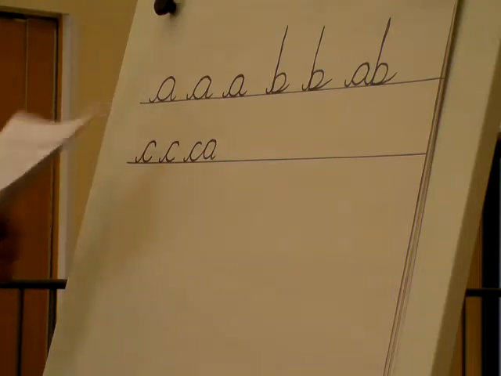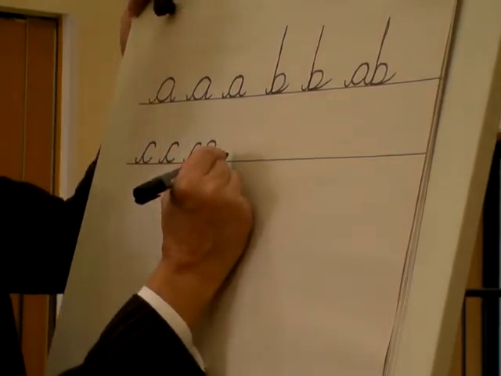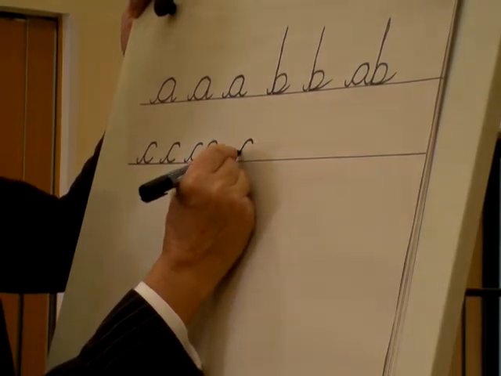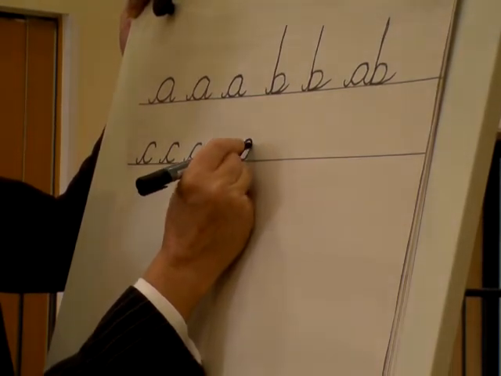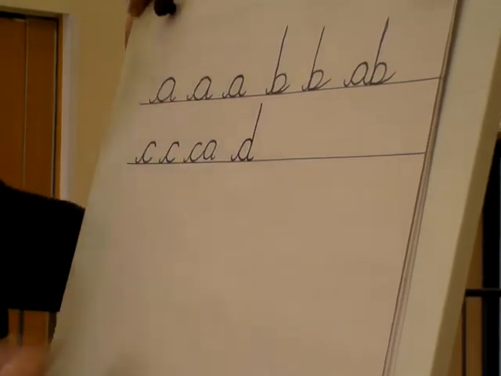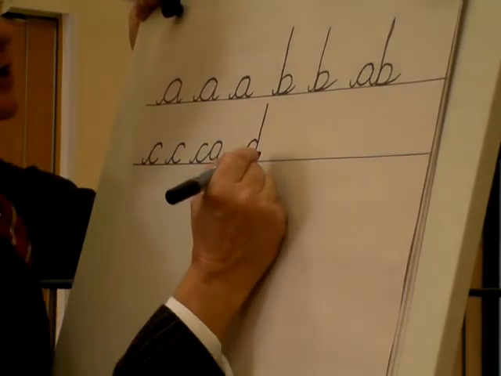Okay, we've done A, B, C. And now we're going to do D. And just like the others, we start with a flick. We go round. We come back. We go up. We come down. And we finish with a flick. Okay? I say it to myself when I do these letters.